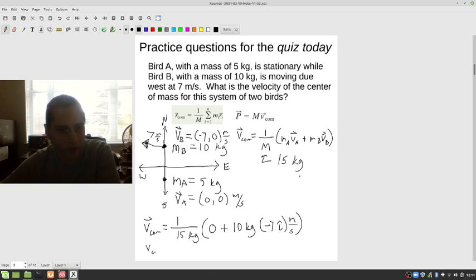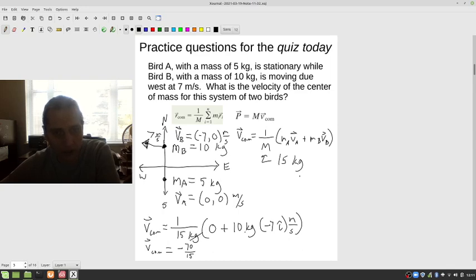And so our V center of mass in this case would be 10 over 15, so that's 2 over 3. It'd be minus 70 over 15. And this should be kilograms and kilograms.